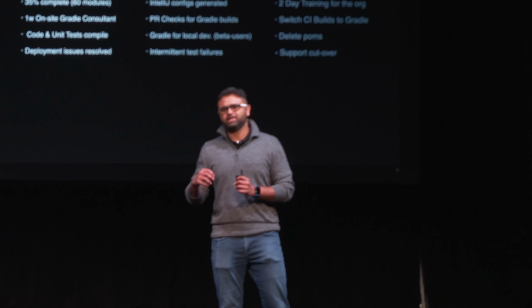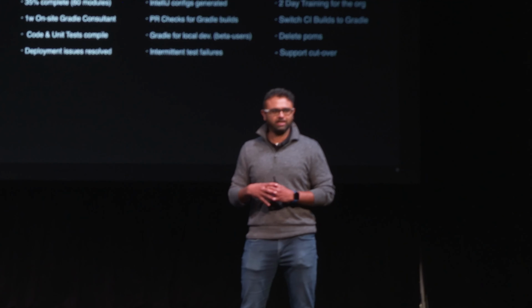Bazel at that time had just been open sourced, not all the features were open sourced, and we weren't sure how the community was going to adopt it. We did our analysis and our POCs, and decided to go with Gradle, mainly because it had good community support, good IntelliJ integration, and a bunch of third-party plugins available. There were also plenty of resources for developers to learn from.